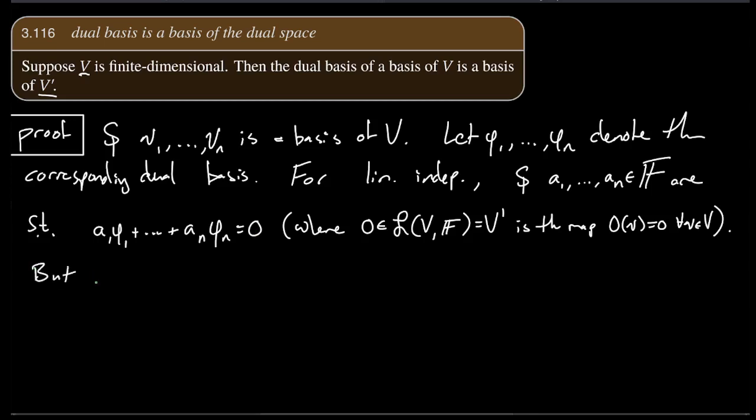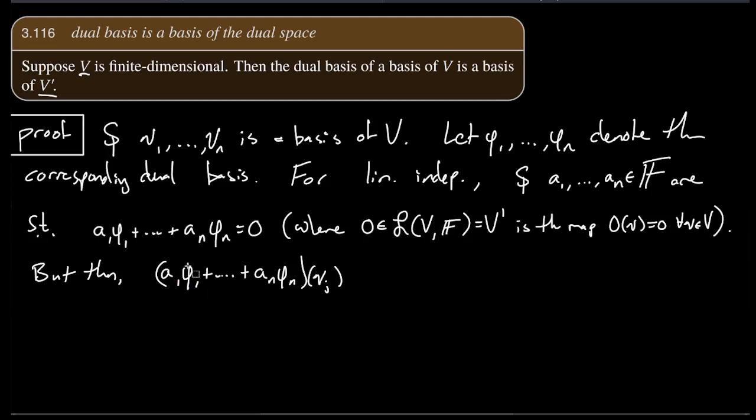But then, think about this. a1 phi 1 plus dot dot dot all the way down to an phi n. This is a linear functional, so this is a linear map from V to the field. I could evaluate it at, say, vj. Well, this is the same as 0. I'll write this even on the other side just for convenience.